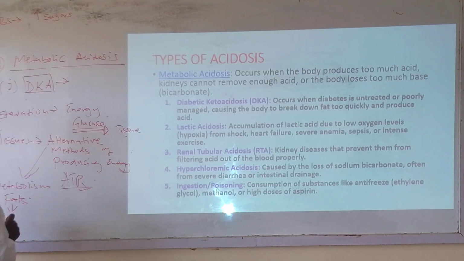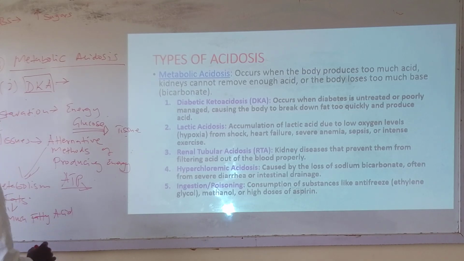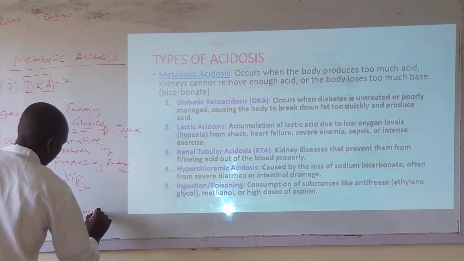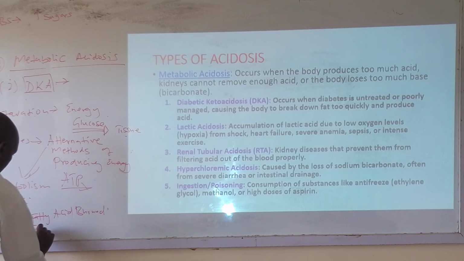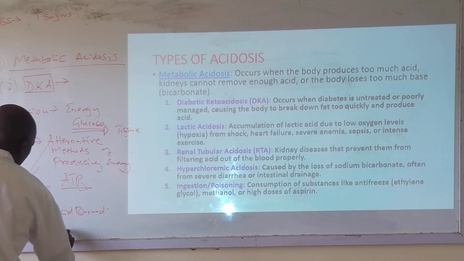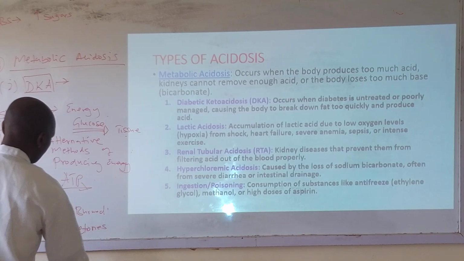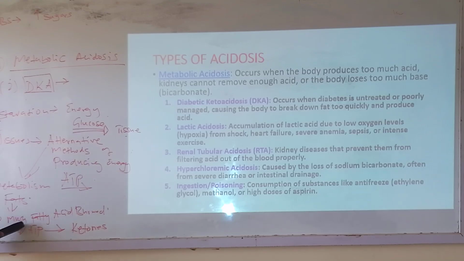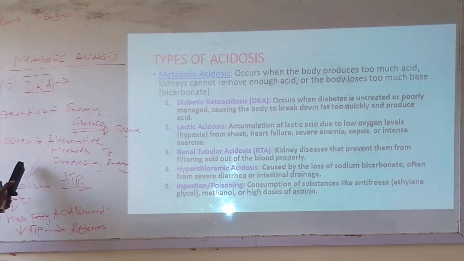And the problem with metabolism of fats is that too much fatty acids are usually burned and they produce very little energy in the form of ATP and produce a lot of ketones. The fatty acids are not as efficient as glucose when it comes to production of energy.